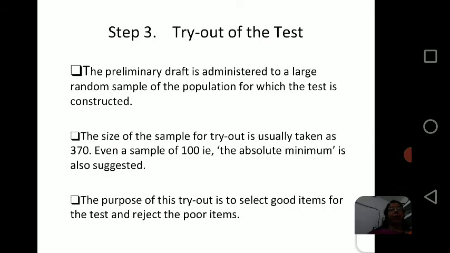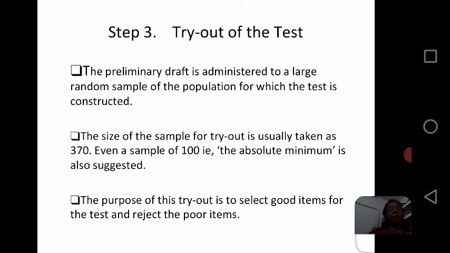Okay, then the most important step of standardization is tryout of the test. Tryout means we are trying out the items prepared. The preliminary draft is administered to a large random sample of the population for which the test is constructed. The test is constructed for the MG University BSc students.